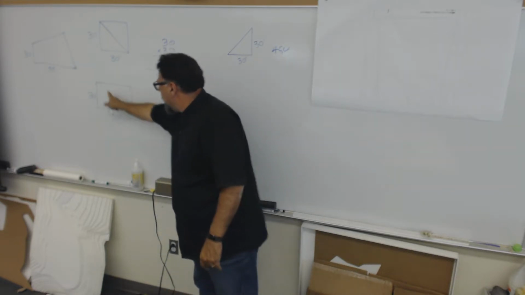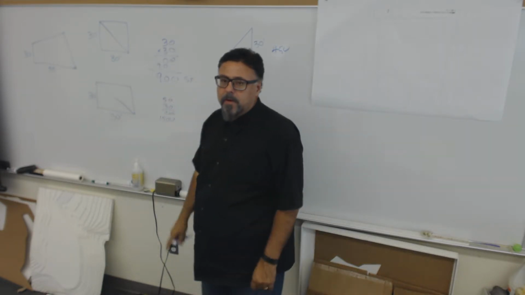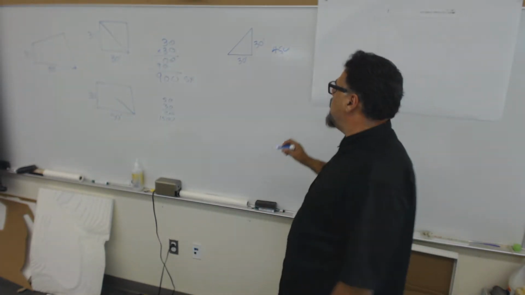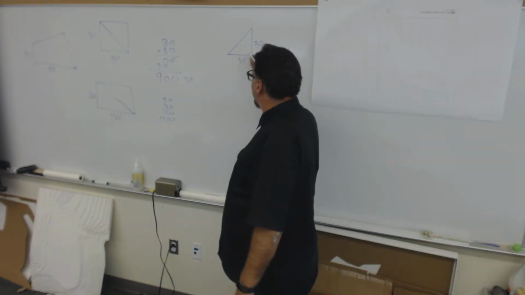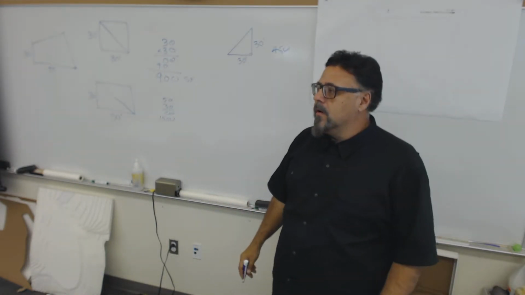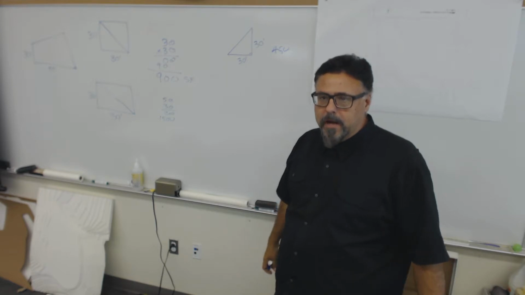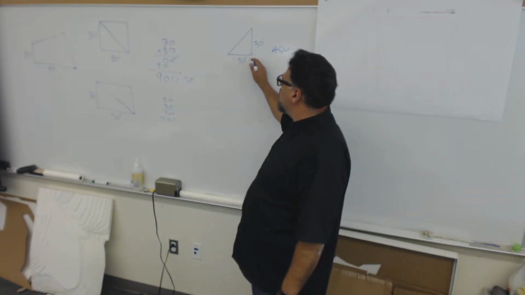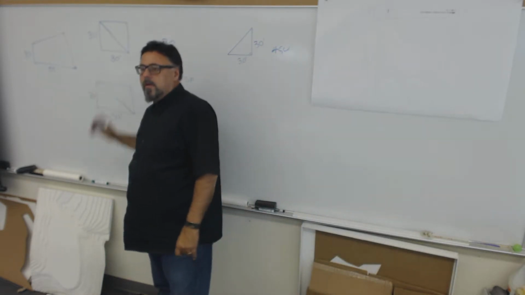So that triangle right there is 1,500 divided by 2 is 750. Okay? Now that works great for a right triangle. It won't necessarily work great for a triangle that's not a right angle. So as long as it has a 90-degree corner, you can come up with the area.